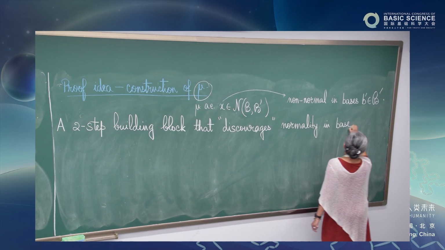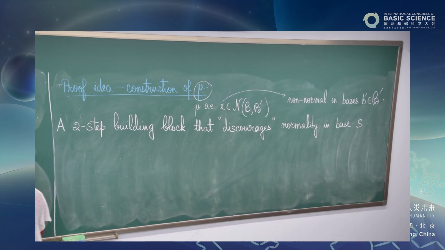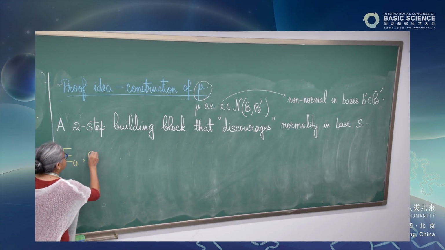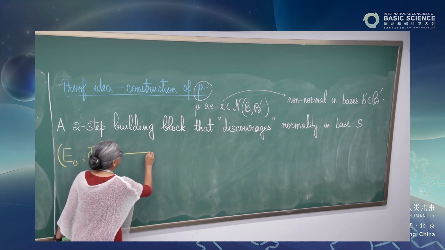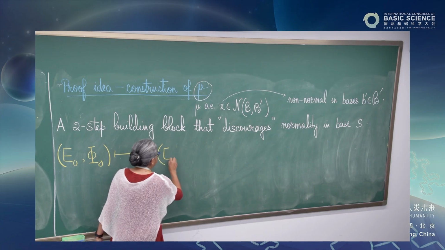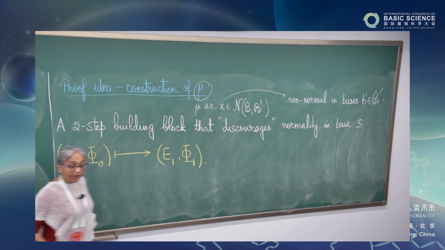So let's say base S. Okay. So this operation will take a set density pair and output another set density pair.